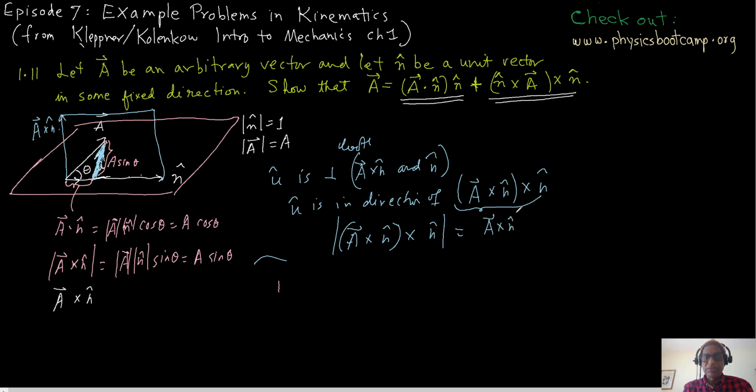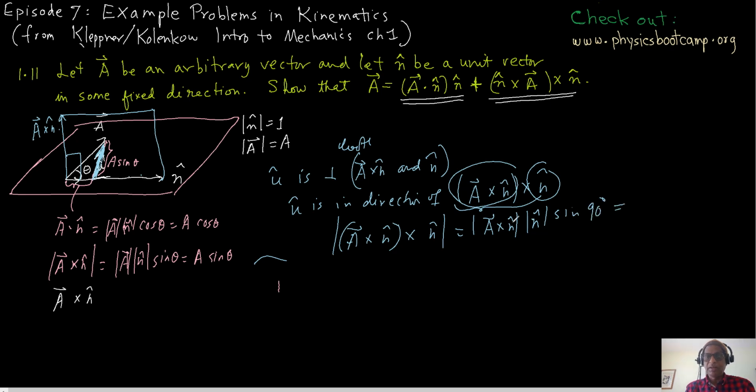Its magnitude will be the magnitude of A cross n hat times n hat, times sine of the angle between them. We already know A cross n hat and n hat are 90 degrees apart, so it's sine 90 degrees.